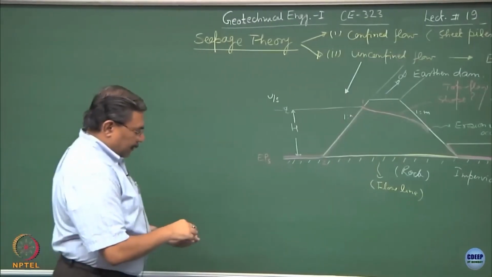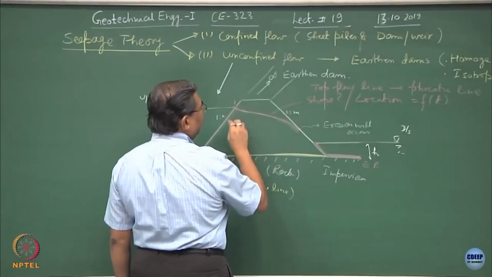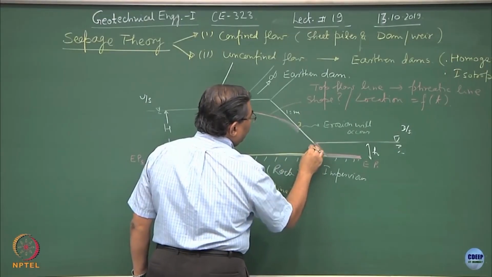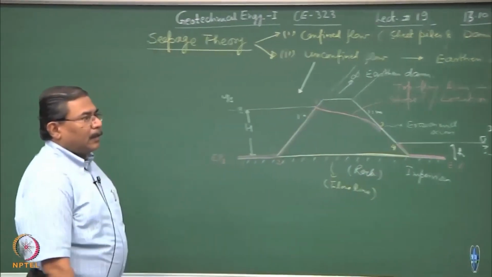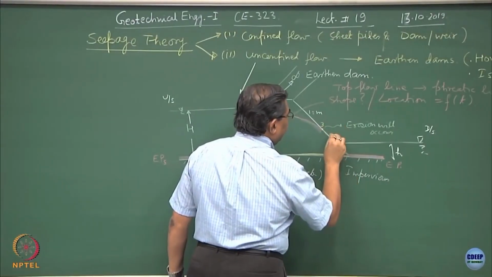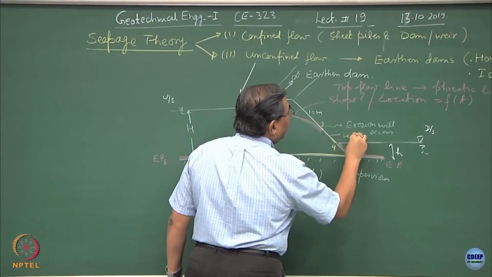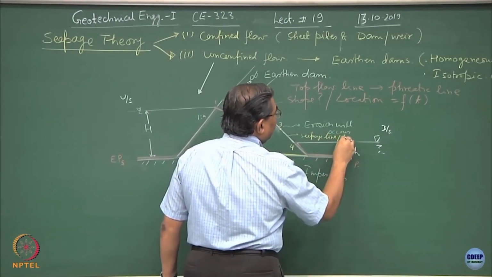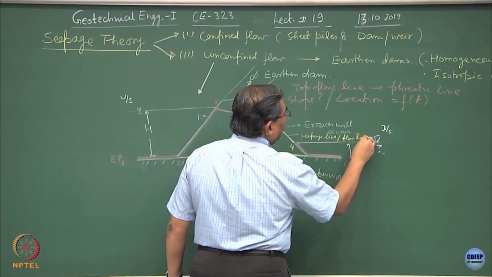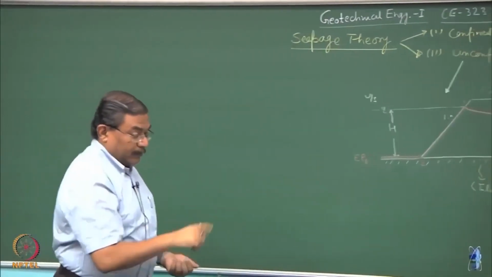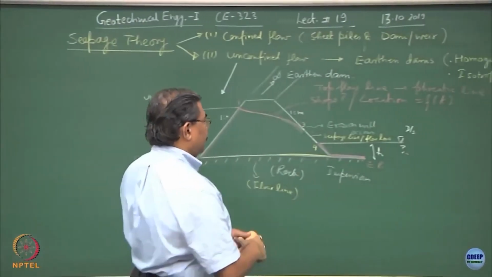What happens between, let us say, if I define this as 3 and 4. Now 3 and 4 becomes a seepage line. This is also a sort of a flow line. No, sorry, not flow line, this is a discharge line.